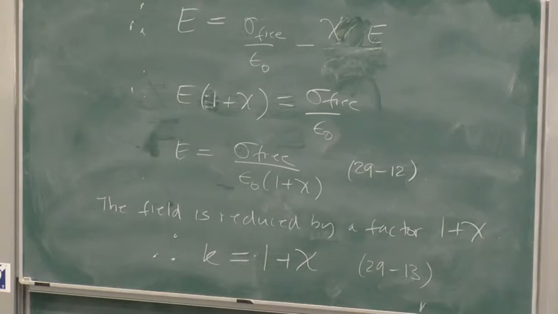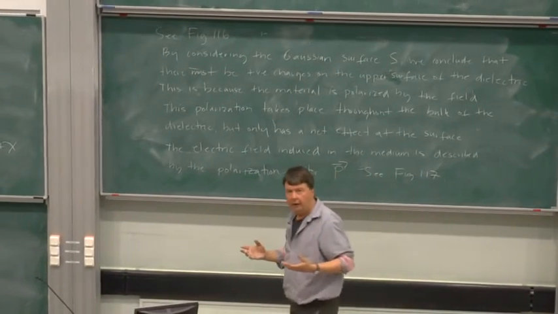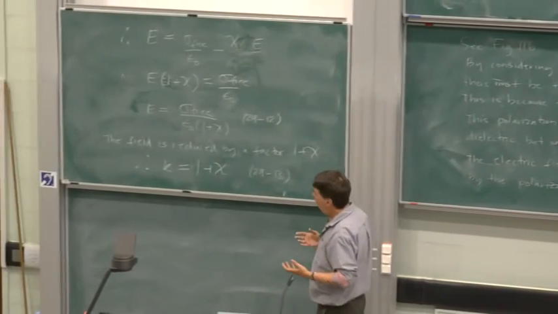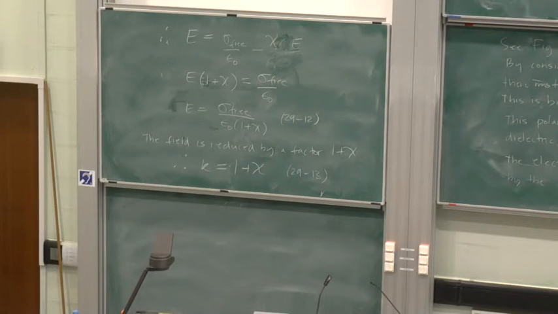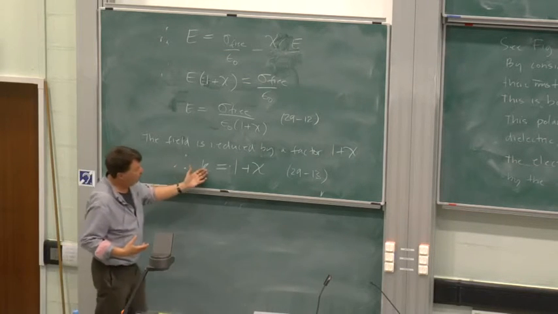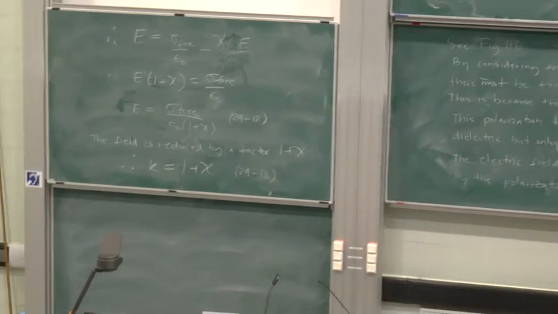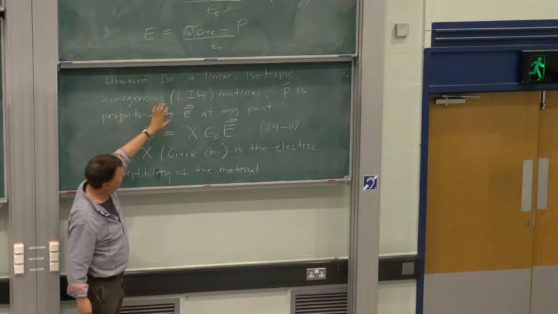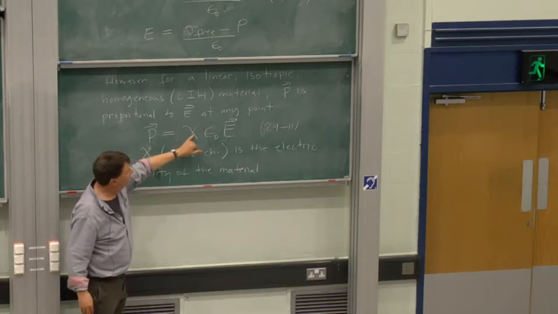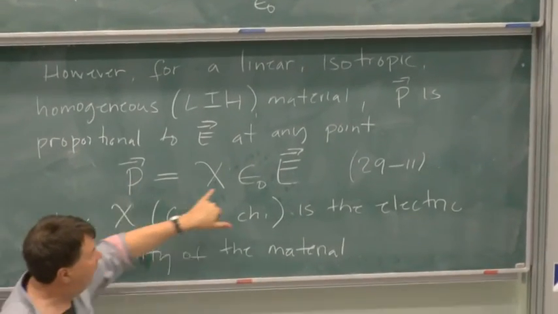So we can understand now what Faraday discovered completely empirically, which is that the electric field, and therefore the voltage, because it's all linear, inside a parallel plate capacitor gets reduced by this factor, where the chi expresses, and remember this is only for these linear, isotropic, homogeneous materials, how susceptible the material is.